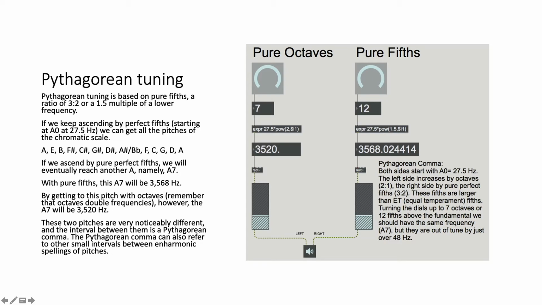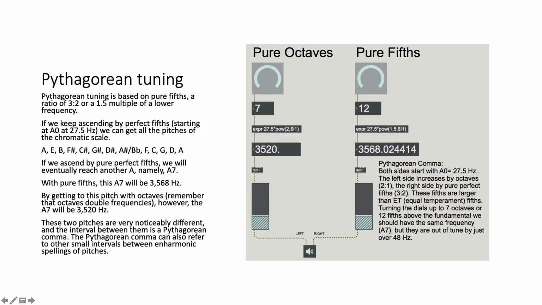If we ascend this way by pure perfect fifths, we will eventually get to another A, namely A7, starting from A0 and then getting to A7. With pure fifths, this A7 will be at 3,568 hertz. If we get to this pitch with octaves, and we'll remember that with octaves we double frequencies, however, the A7 will be 3,520 hertz.